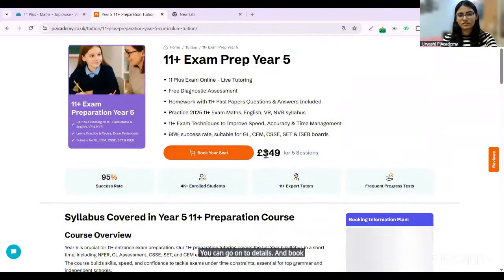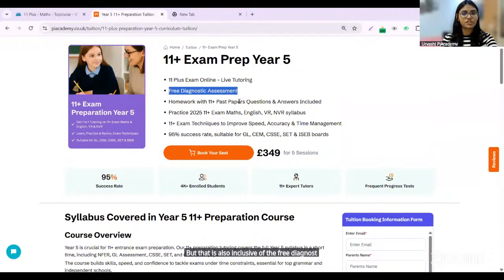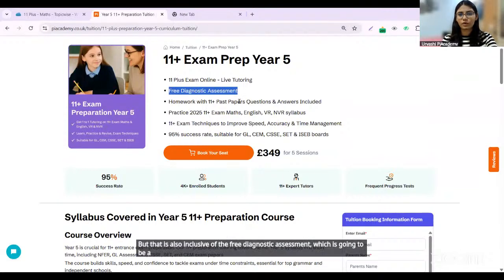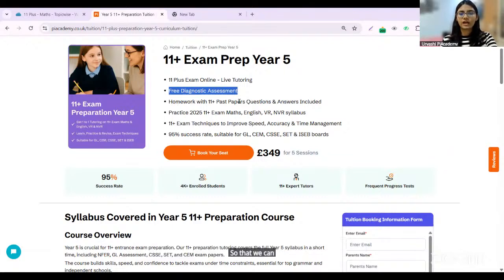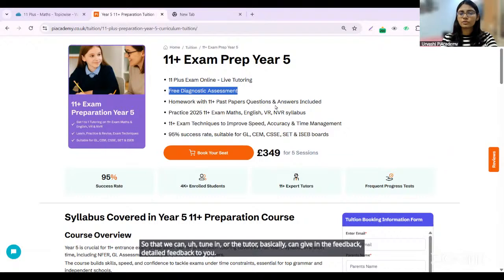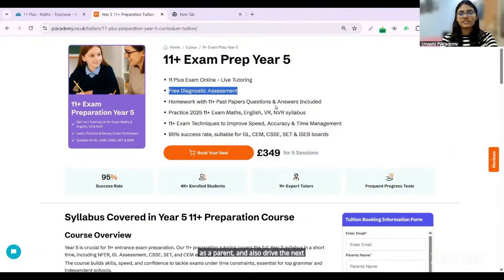The price is 349 for 5 sessions, but that is also inclusive of the free diagnostic assessment, which is going to be a detailed assessment of knowing where your child exactly lies right now, so that the tutor can give detailed feedback to you as a parent, and also drive the next 5 classes as per what the student would need to prepare the best.